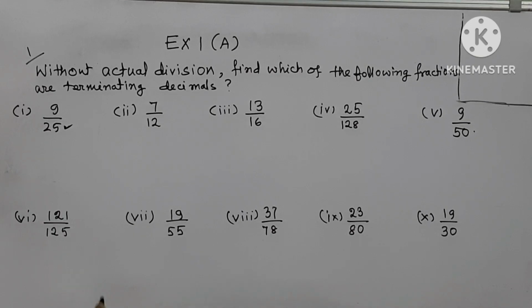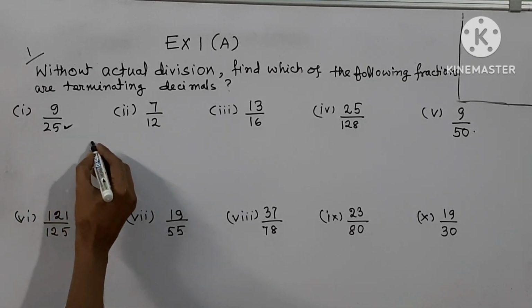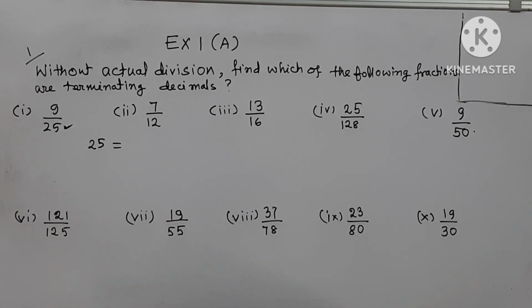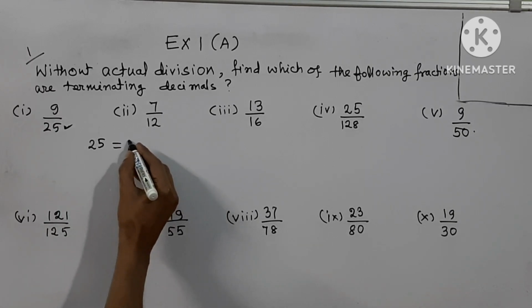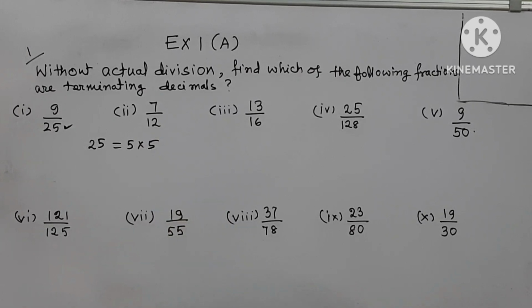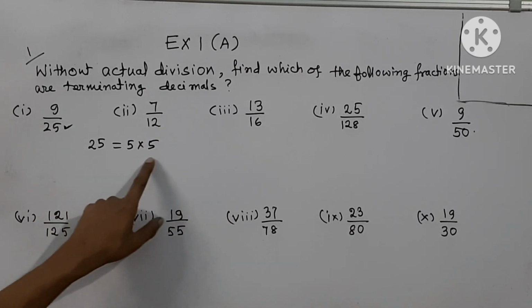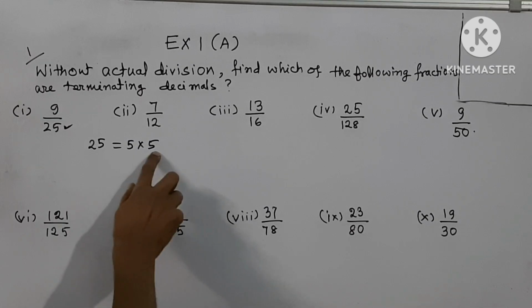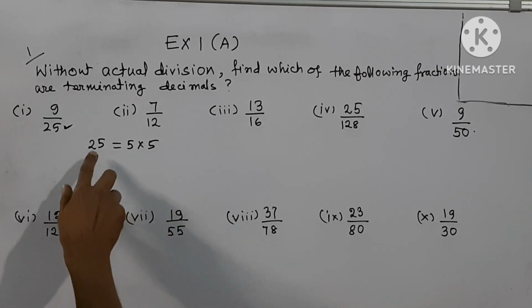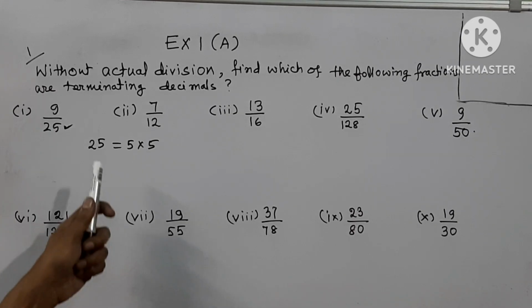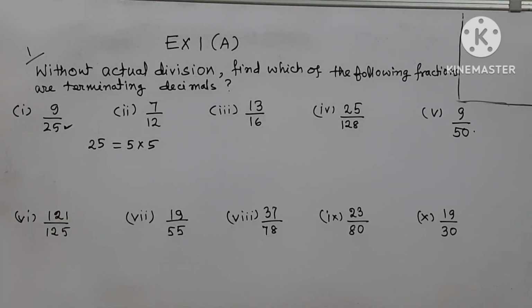prime factorization. If you take 25 and do prime factorization, you will get 5 into 5. If you break it with prime numbers, that means if you factorize 25 with prime numbers, then you will get 5 into 5.